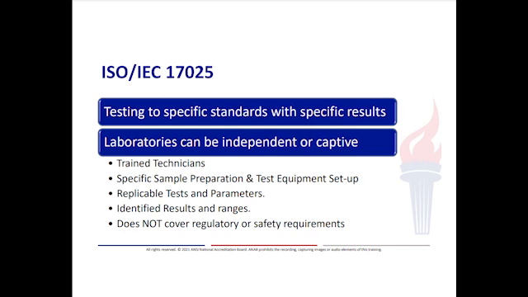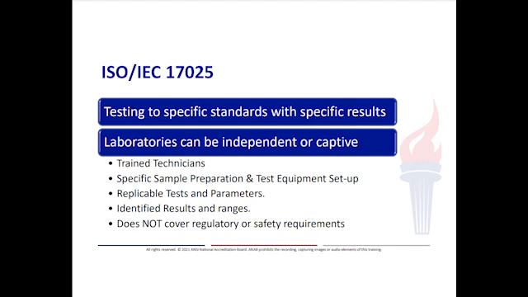You have to show that the tests that you're performing are replicable and that the parameters that you're using for these are able to be set up as well. With 17025, you're looking at identified results and also the ranges within which those results fall for acceptance or rejection. Now, with 17025, you're not covering regulatory requirements and you're not covering safety requirements.